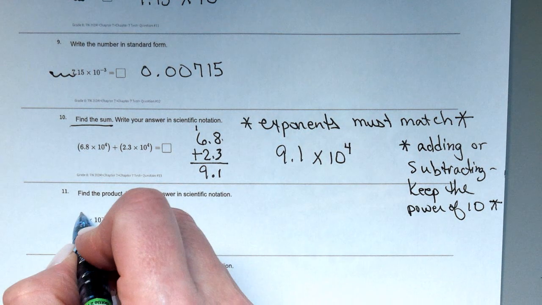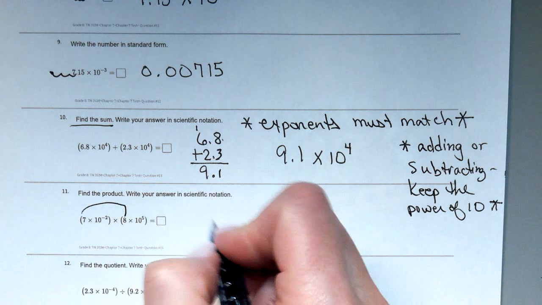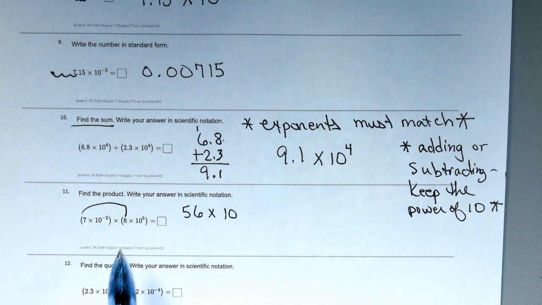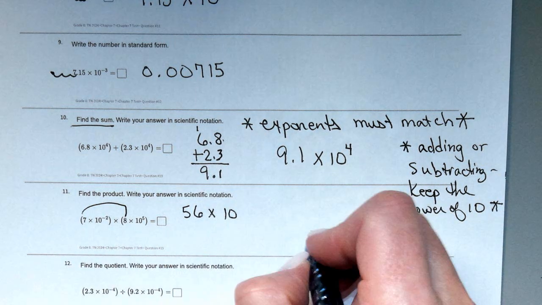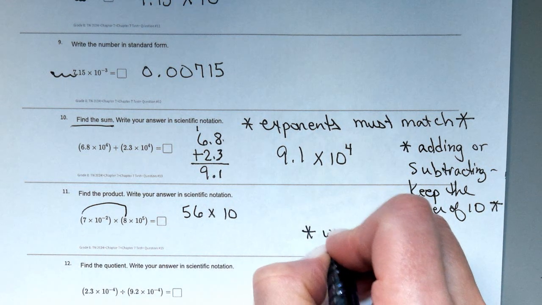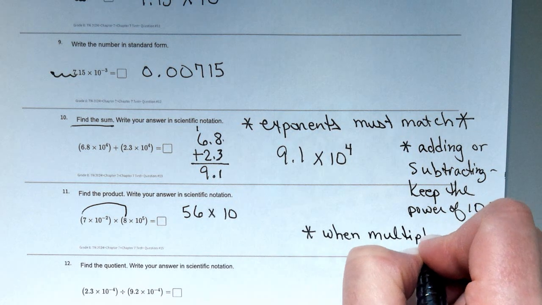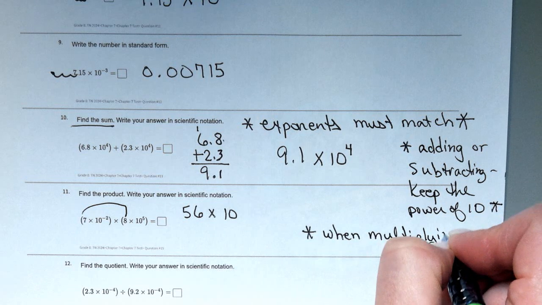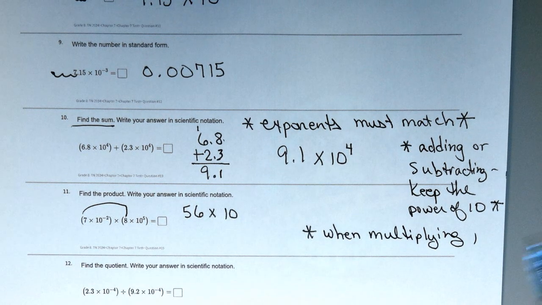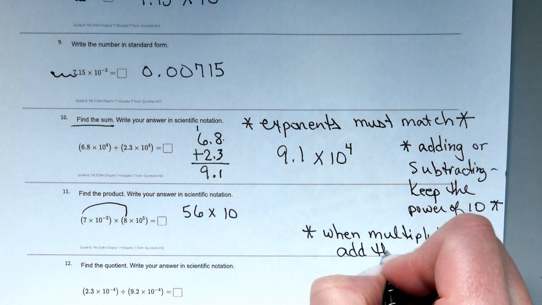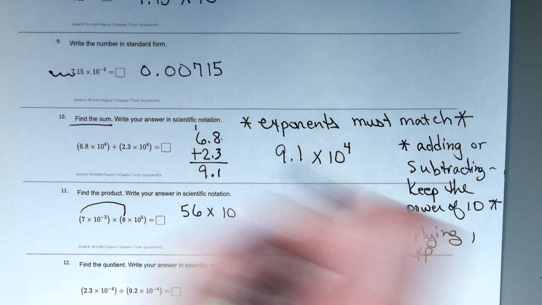So I know that 7 times 8 is 56. When we are multiplying in scientific notation, I don't think I spelled that right. When multiplying, we are going to add the exponents.